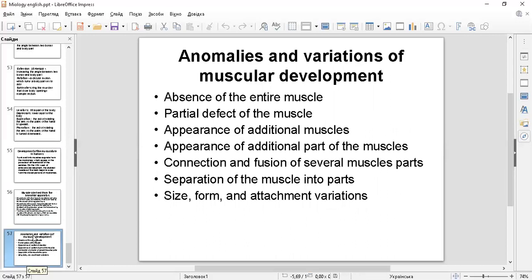Anomalies and variations of muscular development. Absence of the entire muscle. Partial defect of the muscle. Appearance of additional muscles.